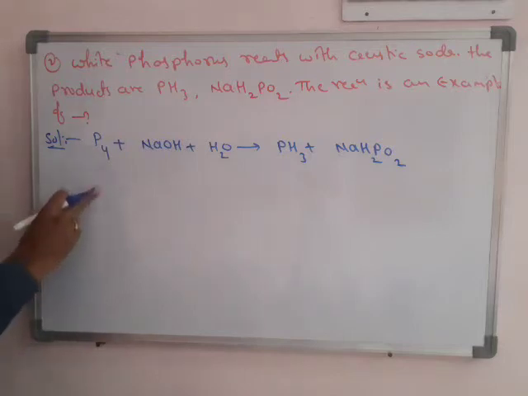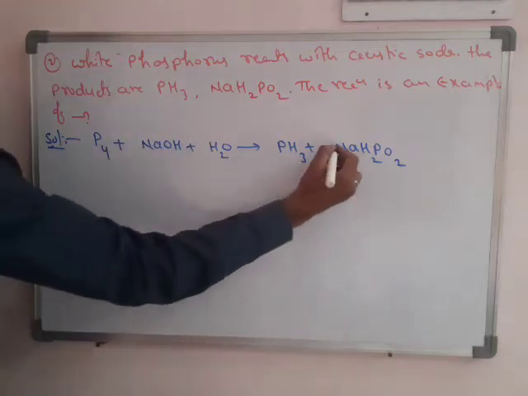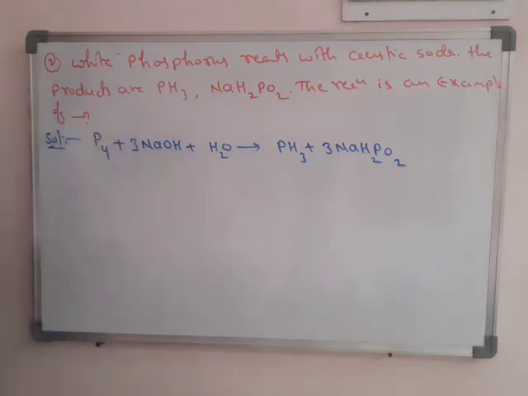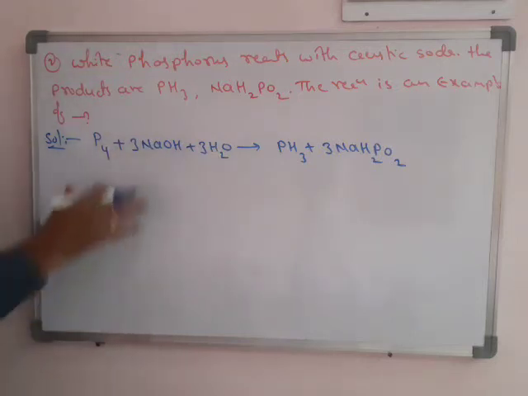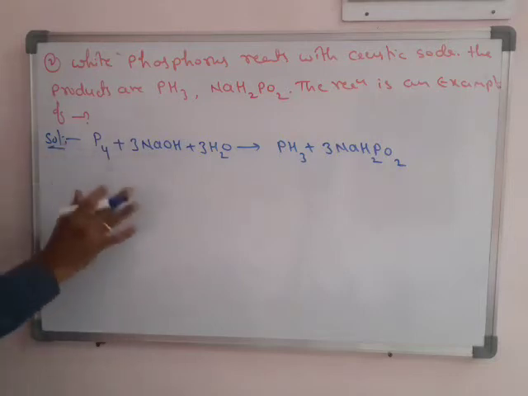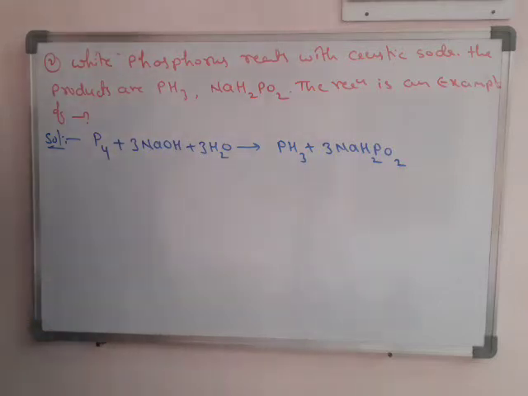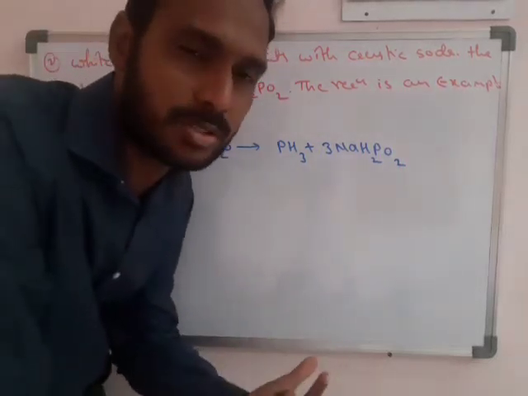Okay, so just balance it: P4, 3 NaOH, 3 H2O. In stoichiometric problems we have to know this reaction also. Now we have to know what type of reaction this is. So it is a redox reaction.